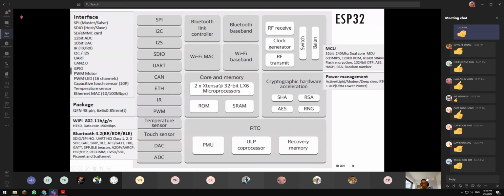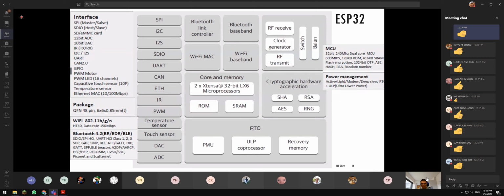So one of the most interesting things that you cannot find in most microcontrollers nowadays is cryptography hardware acceleration. So what does this cryptography hardware acceleration mean?